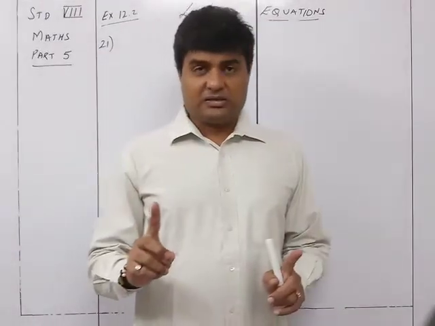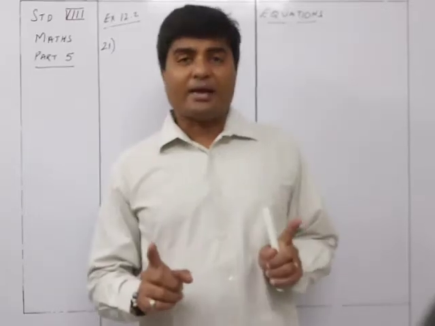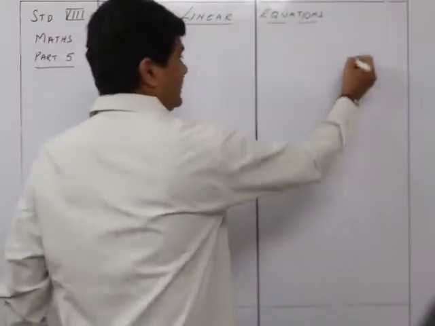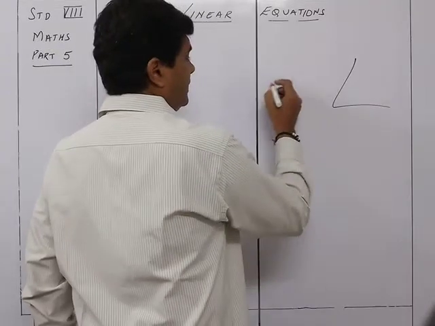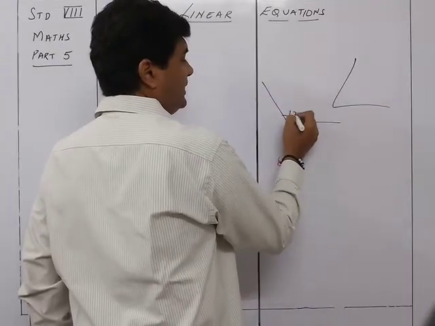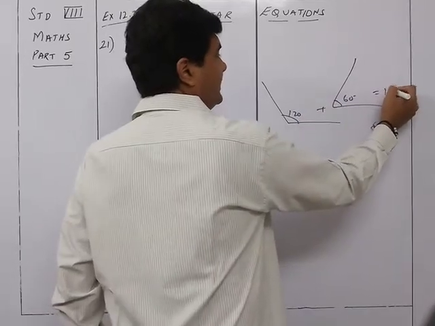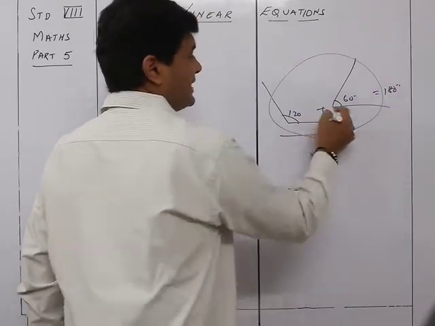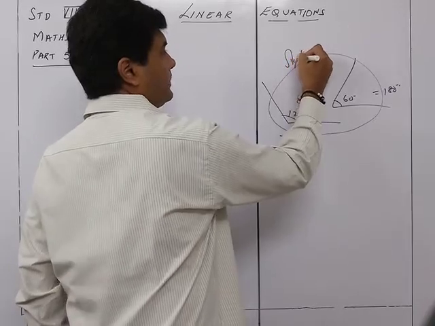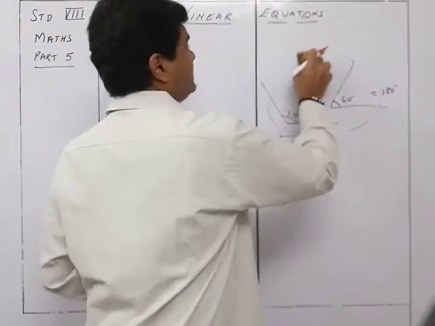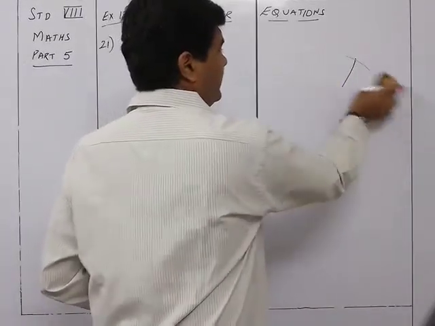If 2 angles are such that the sum of the 2 angles is equal to 180 degrees, suppose I have one angle over here like this and another angle over here which is like this, and this is 120 degrees and this is 60 degrees, then this totals to 180 degrees. So therefore these 2 angles are supplementary.